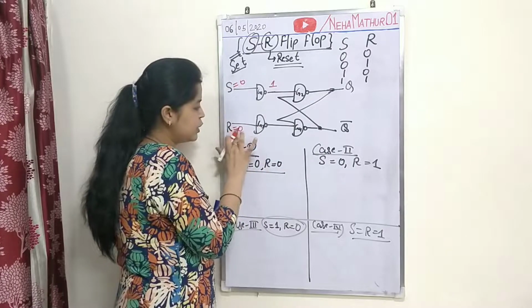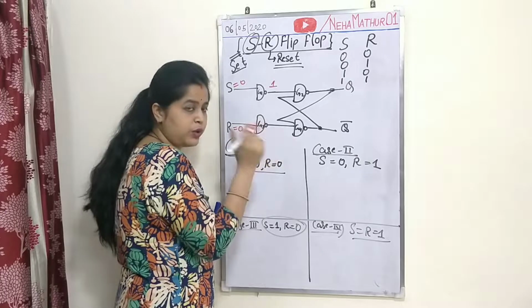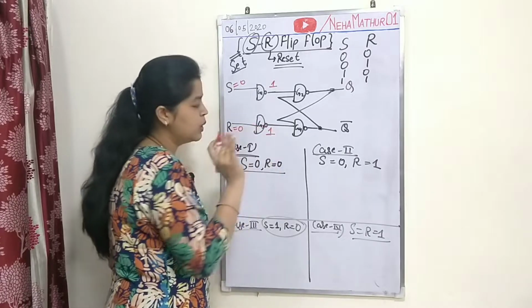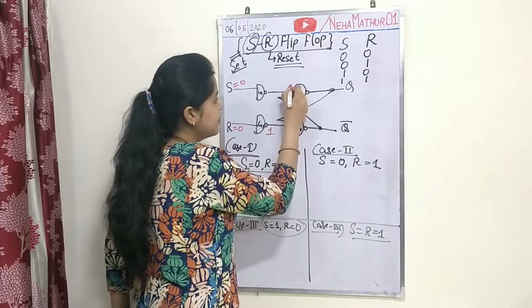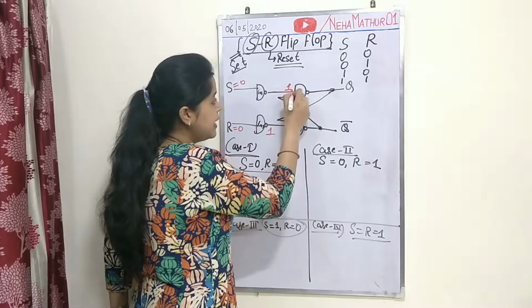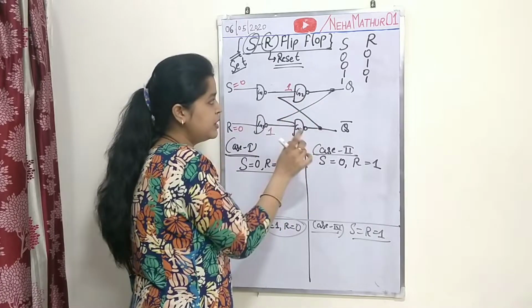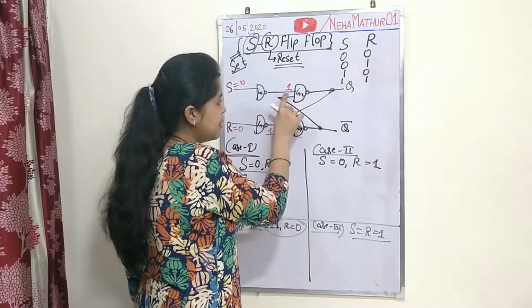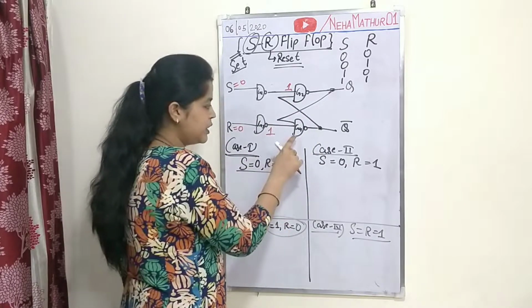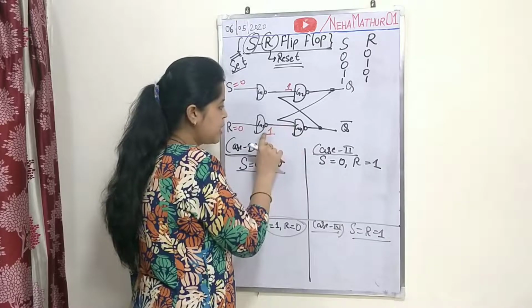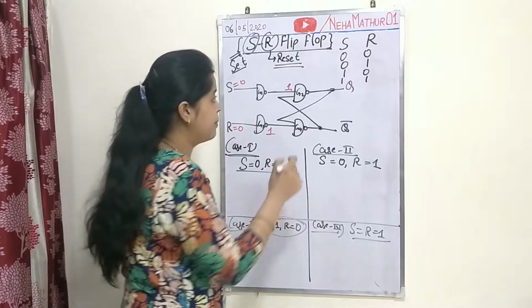Similarly, R is equal to 0, so G3 with R equal to 0 input, the output of G3 will be 1. Now this one is coming from here and applied at one of the inputs of G2. So G2 has 2 inputs: 1 is coming from G1 while the second is not defined. Similarly for G4, 1 input is coming from G3 while the second input is not defined.